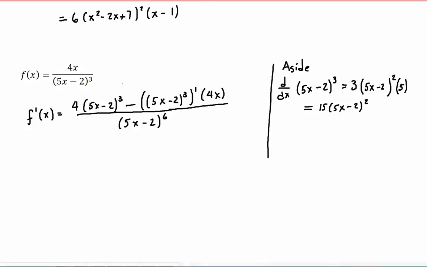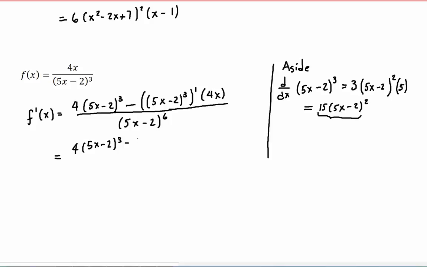Okay, so with that, now we can continue with this derivative, and we're going to have 4 times (5x minus 2) cubed, minus this derivative, which is 15 times (5x minus 2) squared times 4x.